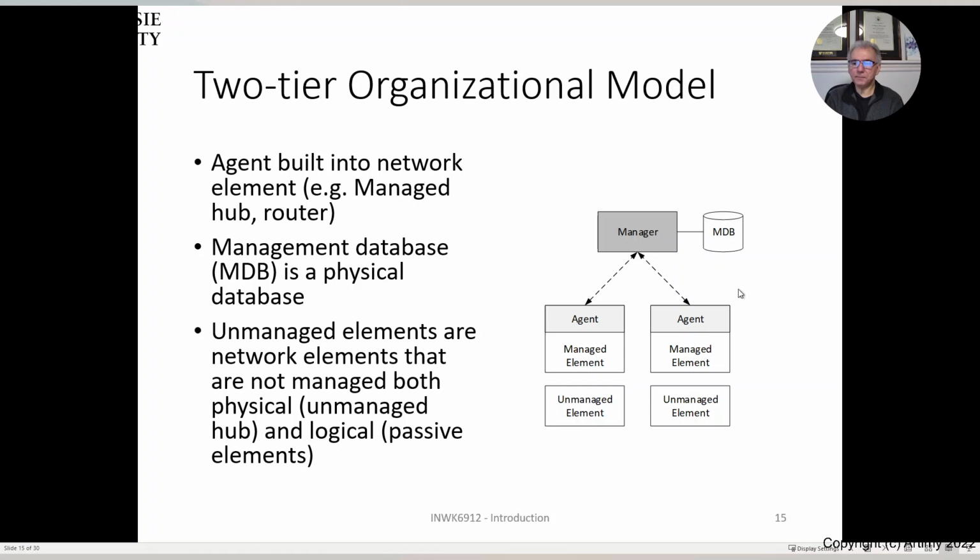So we have here these devices, and for completeness we also added unmanaged elements. But these devices talk to a manager. So this is called the two-tier model. The first tier is the elements themselves. The second tier is the manager, right? And we can have, of course, multiple elements.